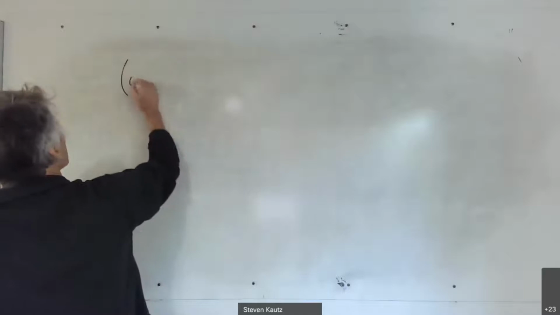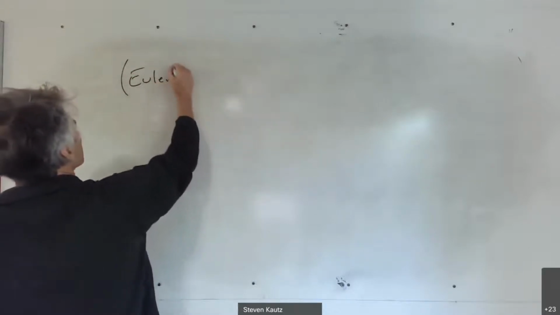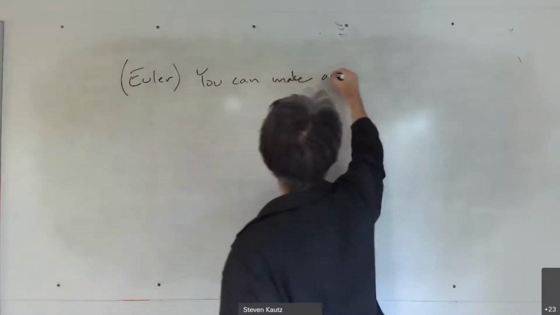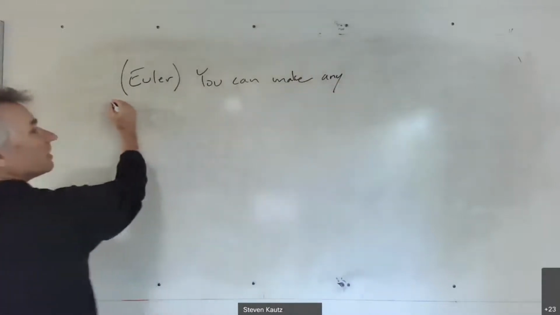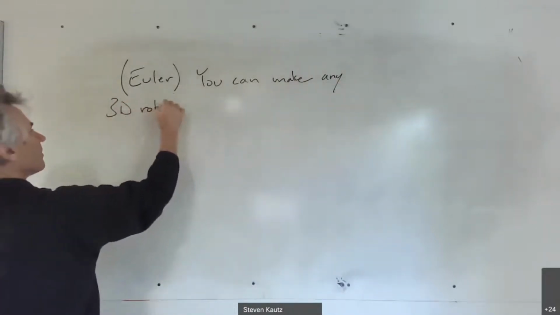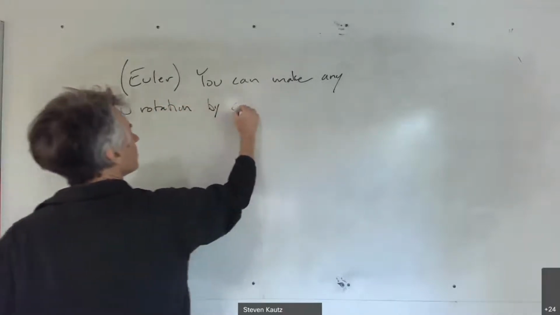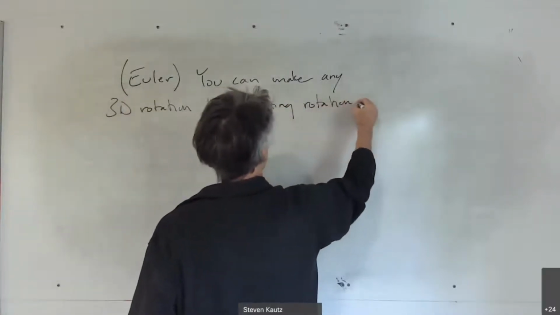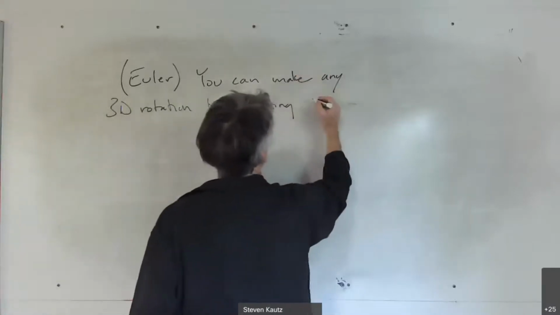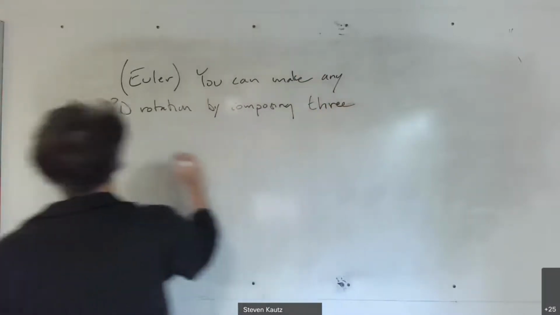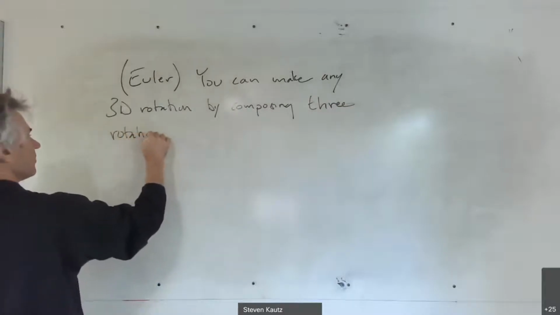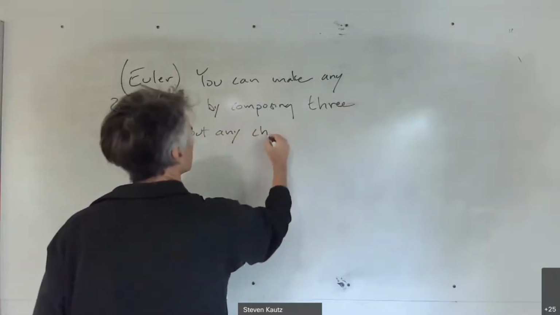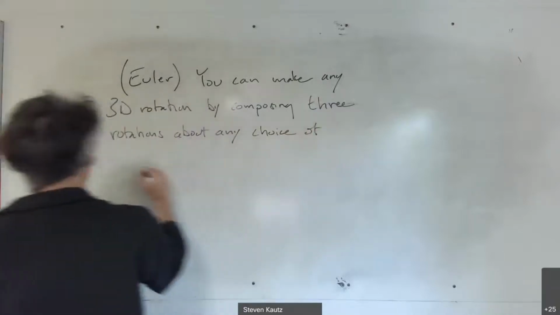This is due to Euler, which is why we call them Euler angles. You can make any 3D rotation by composing, well, I should say it like this, by composing 3 rotations about any choice of coordinate axes.